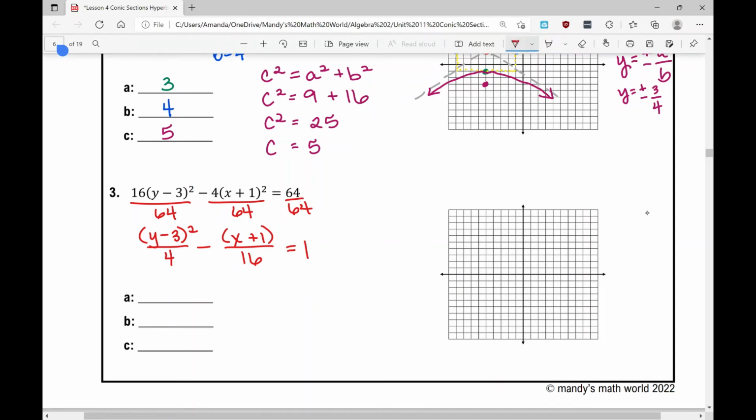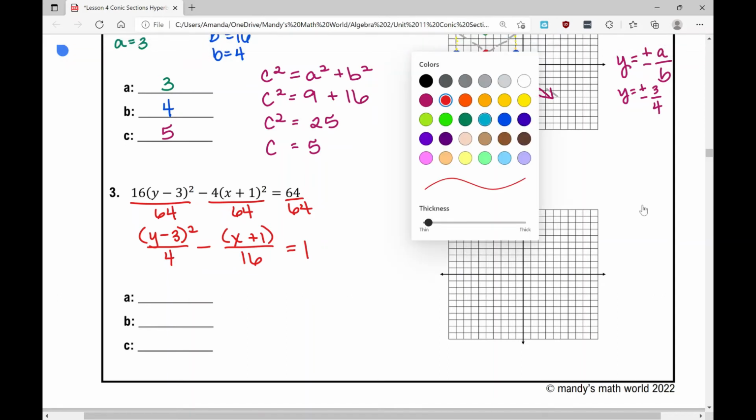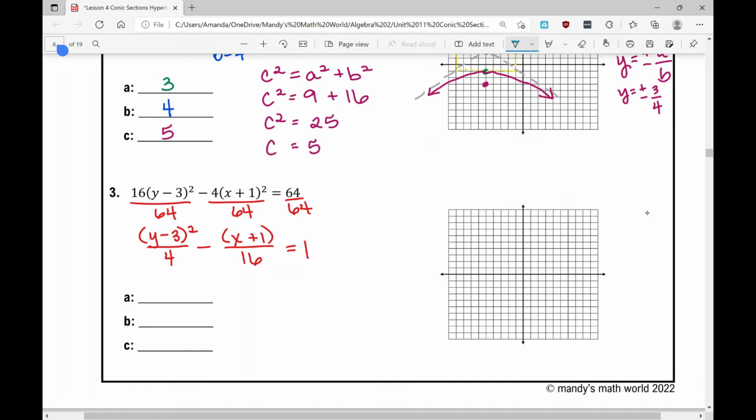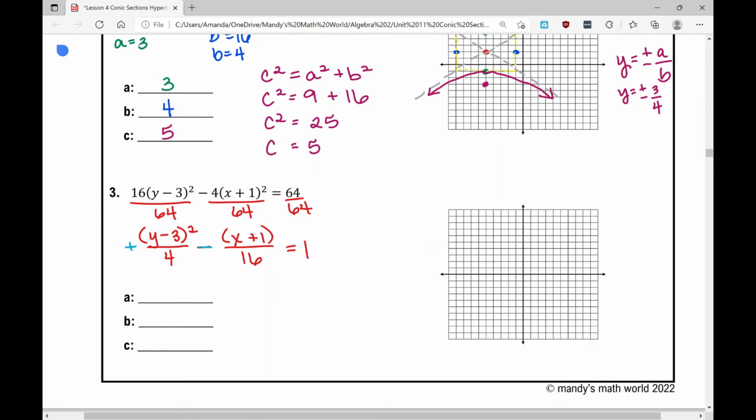And now I can see that I have the equation of a hyperbola because I have a positive in front of one fraction and a minus in front of the other. That negative is in front of the x term. When it's in front of the x term, it's going to open up and down, which means I have a vertical transverse axis.